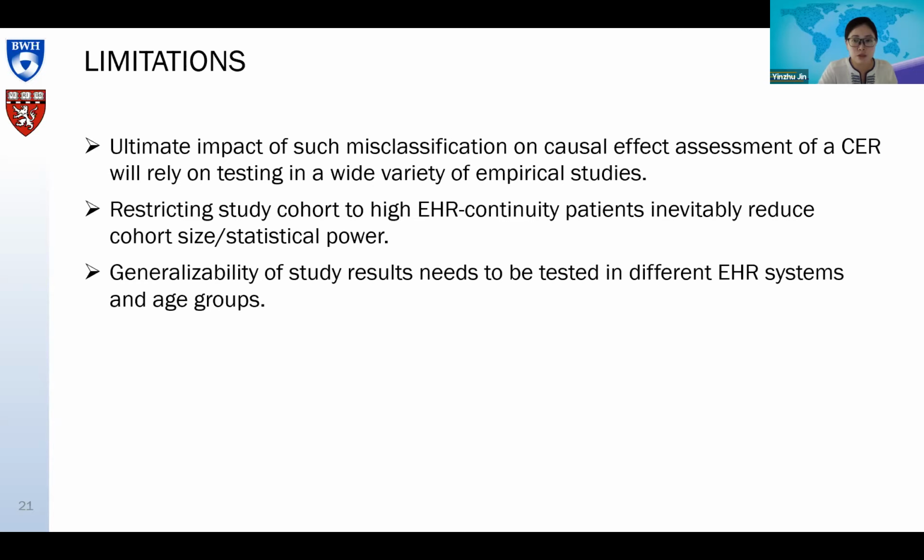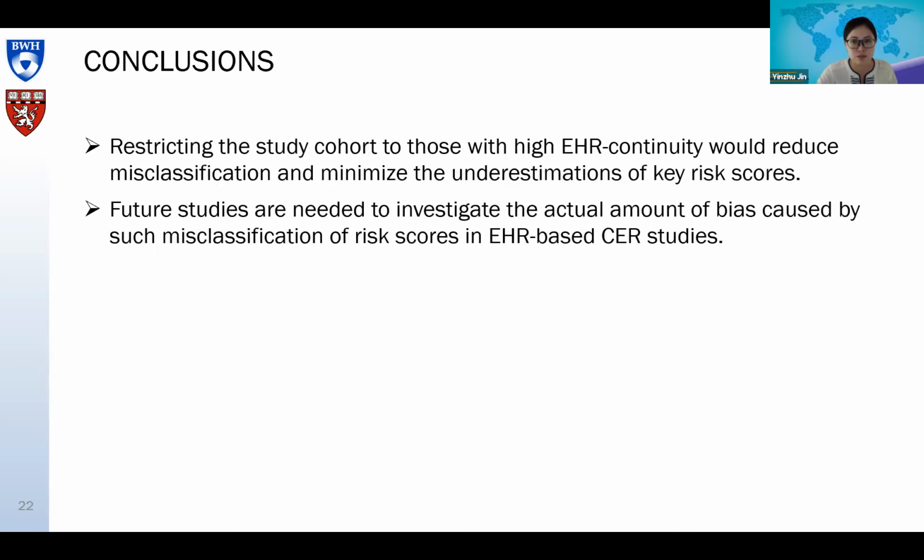And restricting the study cohort to high EHR continuity patients would inevitably reduce the cohort size and the statistical power. And lastly, our study was conducted in Medicare patients linked to 2 large EHR system data in the US. So the generalizability of study results needs to be tested in different EHR systems and age groups.